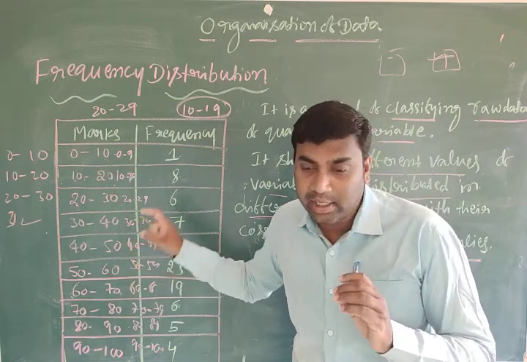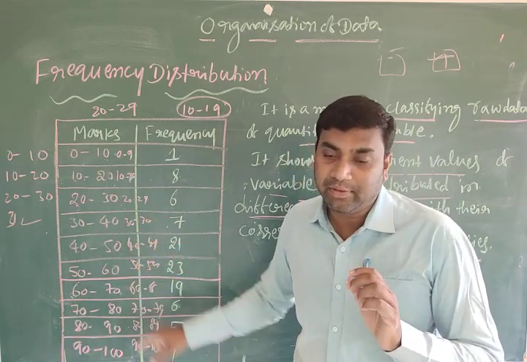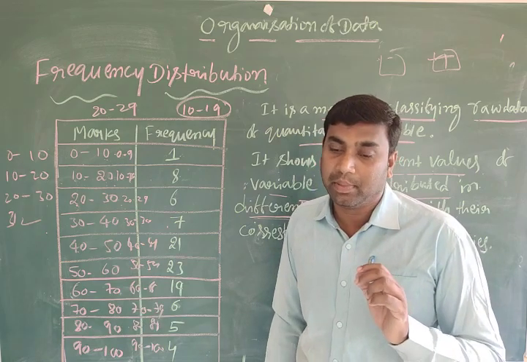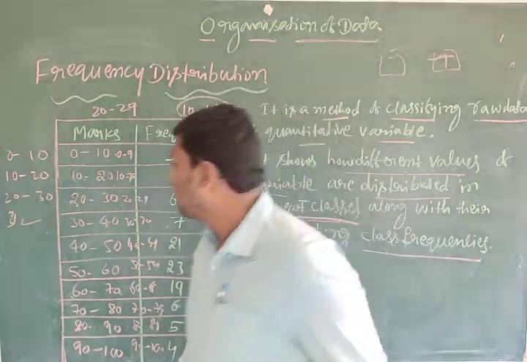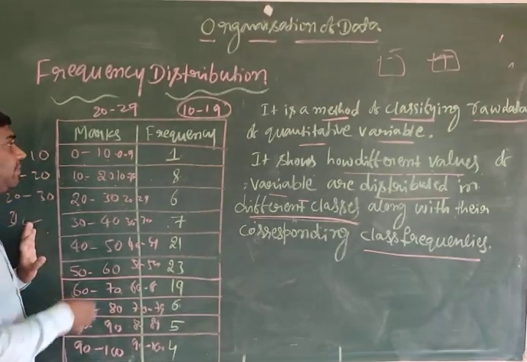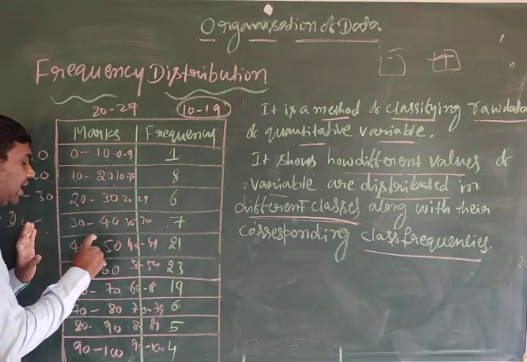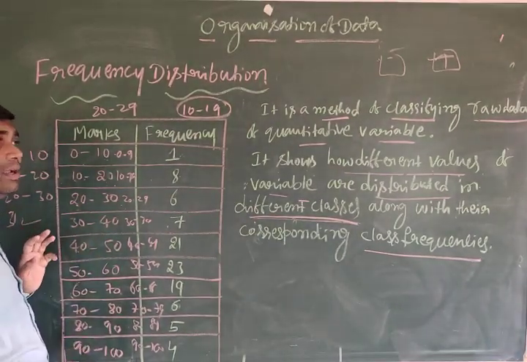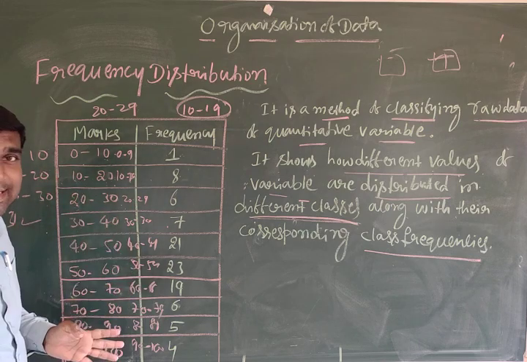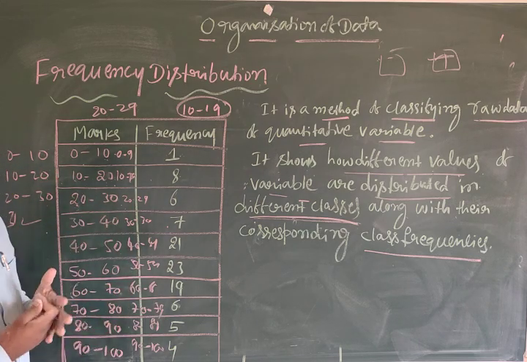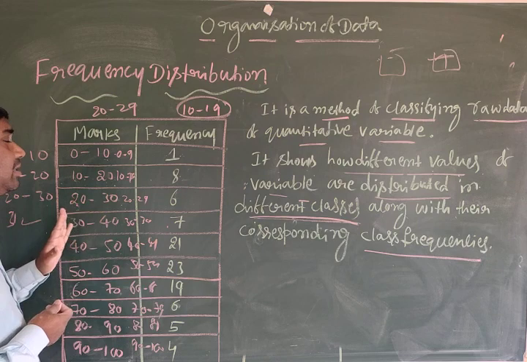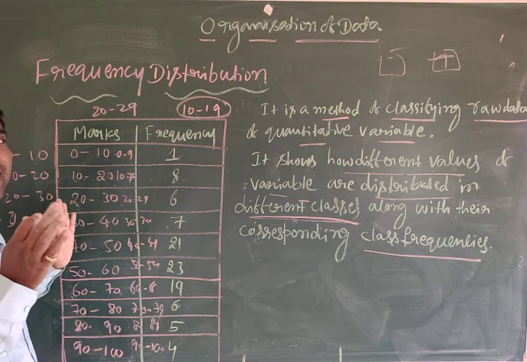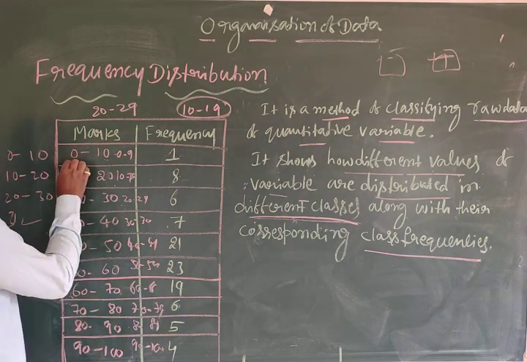Here each class in a frequency distribution table is bounded by class limits. Each class has a class limit. What is the class limit? That is the lower class limit and the upper class limit. The number having the lower value is called the lower class limit.